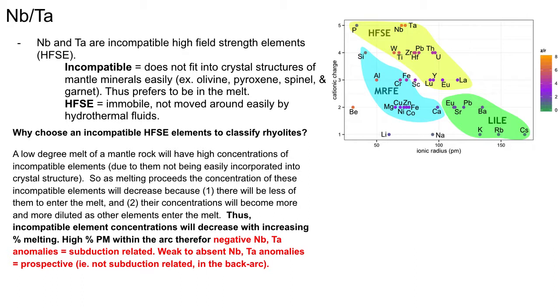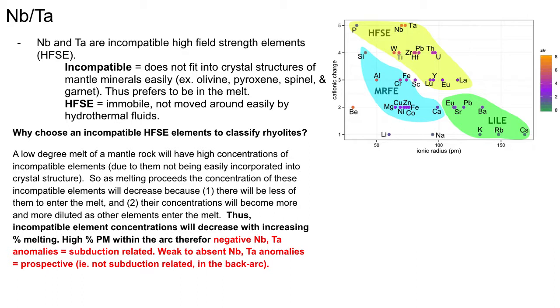And when I say high field strength, what I mean is these elements are immobile, the same as our rare earth elements, although Nb and Ta are not rare earth elements. They are also not moved around easily by hydrothermal fluids.